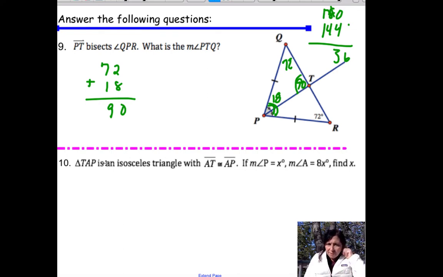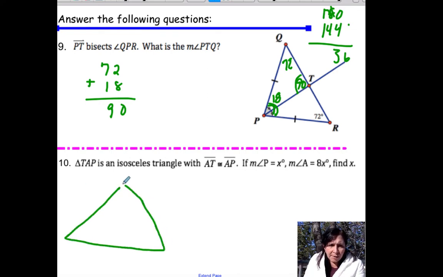Okay, so now we have angle TAP. If I just say that's T, and here's A, and here's P. AT is congruent to AP. Angle P is x, and angle A is 8x. Find x.